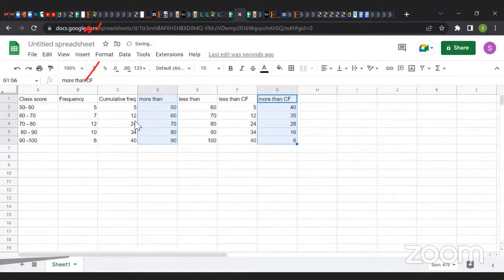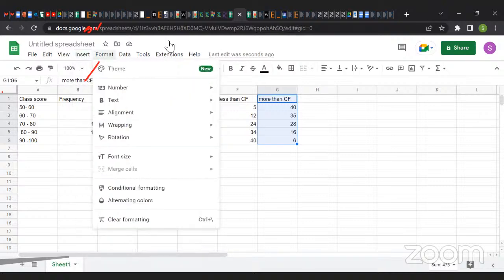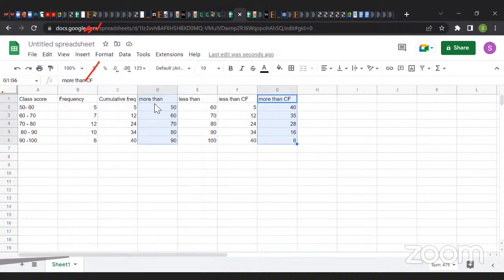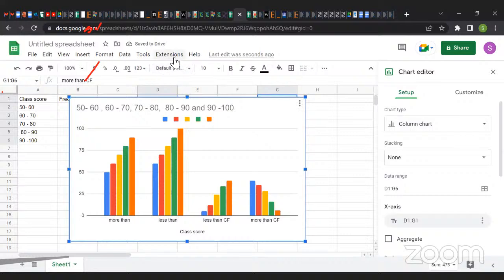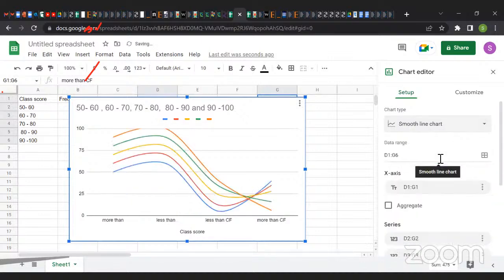So I feel like it's more than and more than cumulative frequency. So yeah, it comes like this.